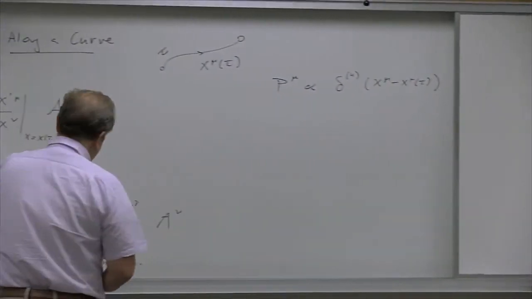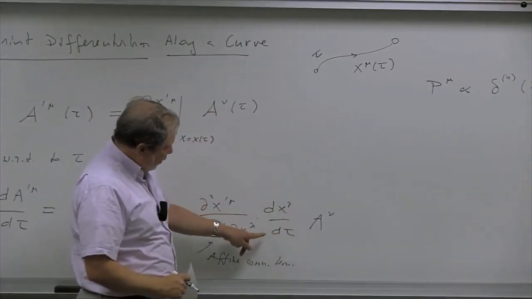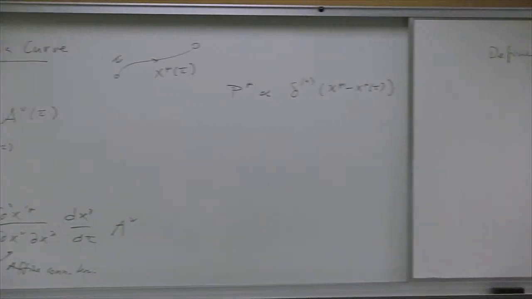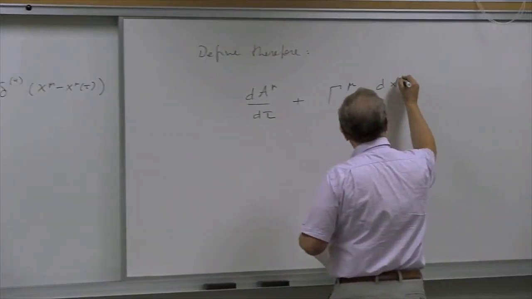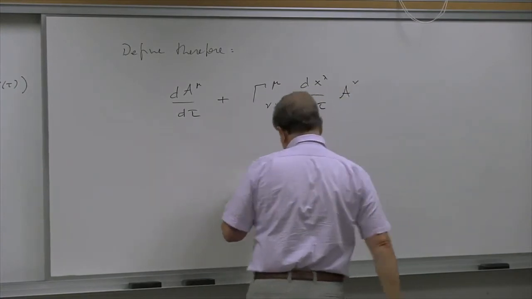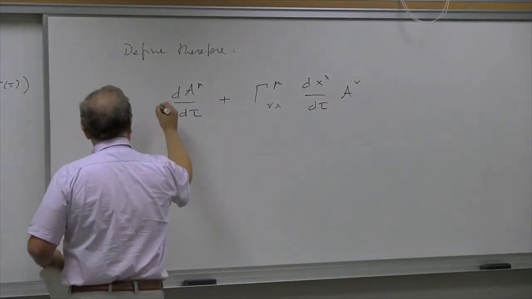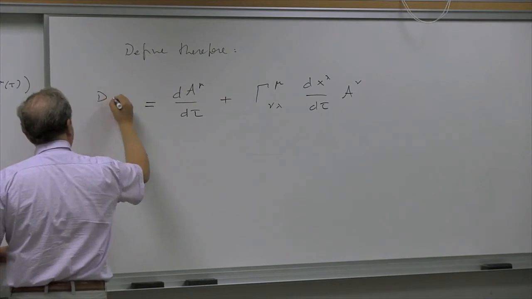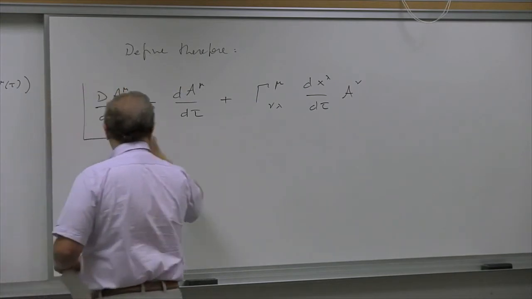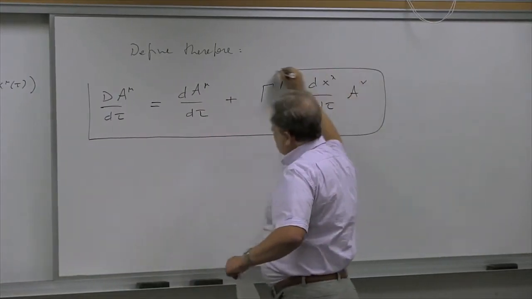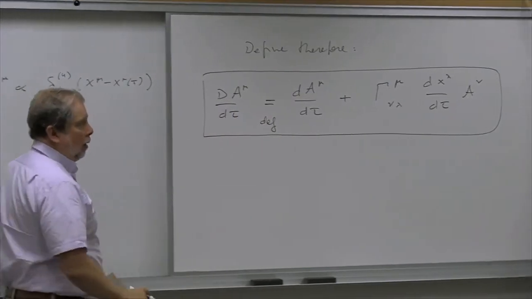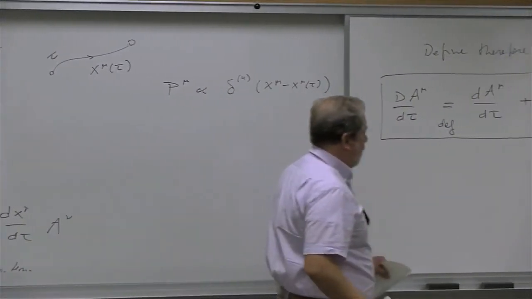And now times, we need all this factor here as well, and that is just the velocity of the particle. So we have a dx lambda by d tau, and then we have the vector A nu, of course, again, and define this to be the derivative along a path, right? So that is what is meant by this symbol, capital D. And this is a 4-vector.